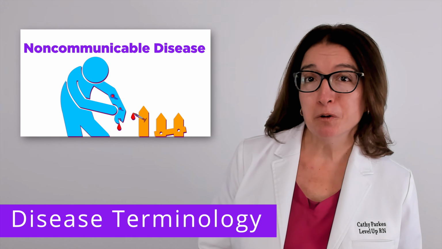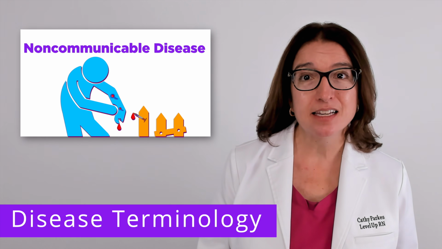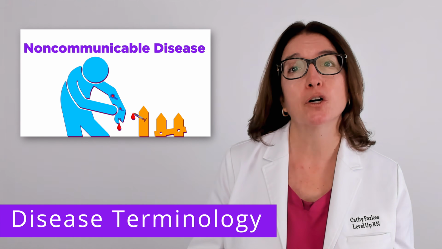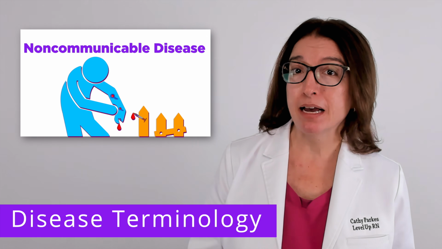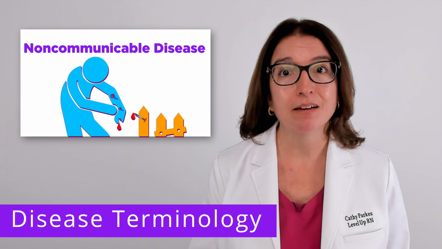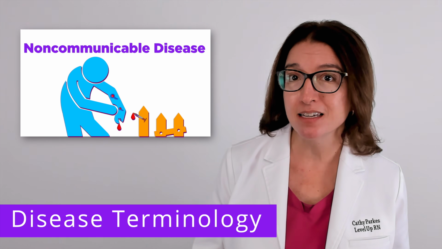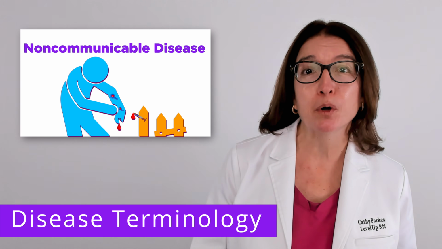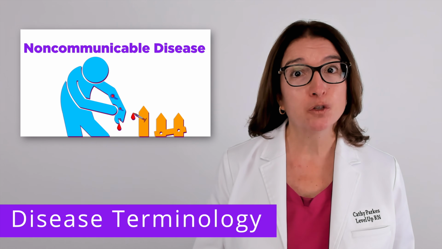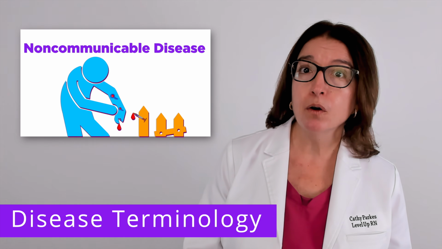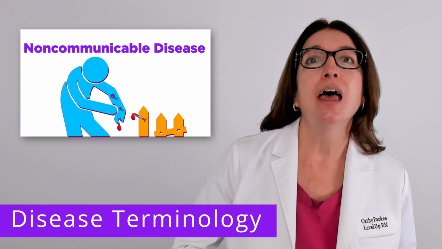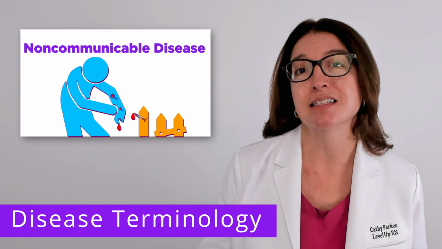A non-communicable disease is an infectious disease that is not spread from person to person. For example, tetanus is caused by the bacterium Clostridium tetani, which makes it an infectious disease, but it is not spread from person to person. An individual could get tetanus if bacterial spores from the soil or on a rusty nail, for example, enter the body through a break in the skin.